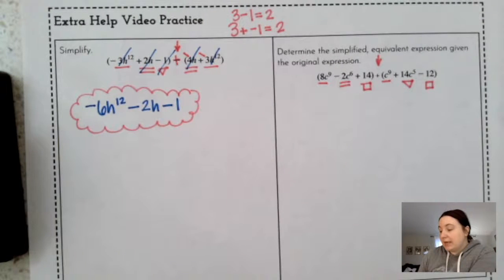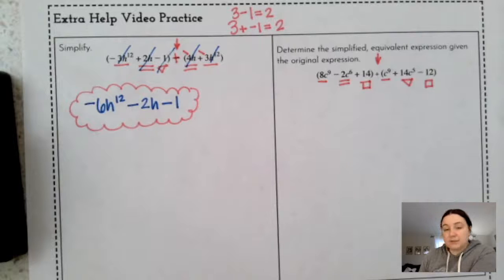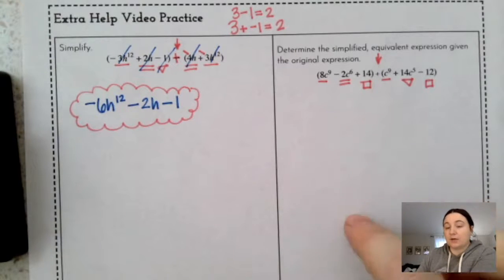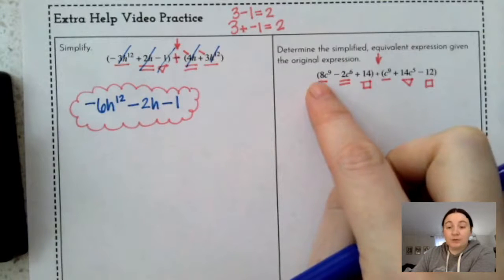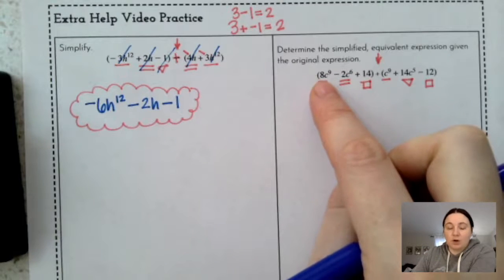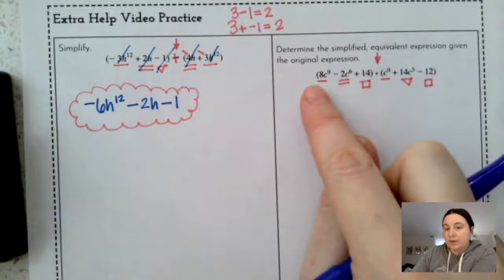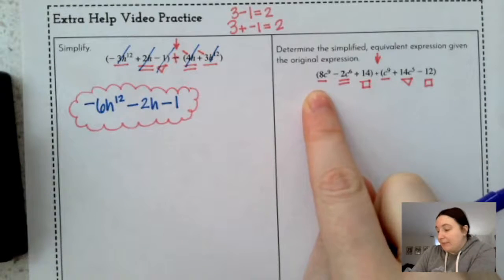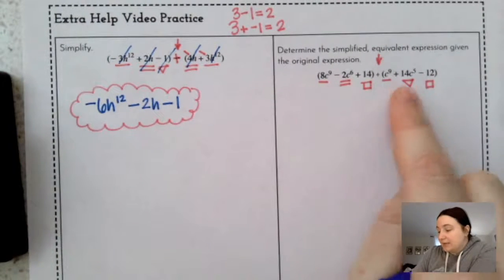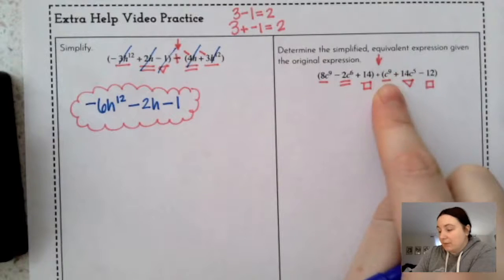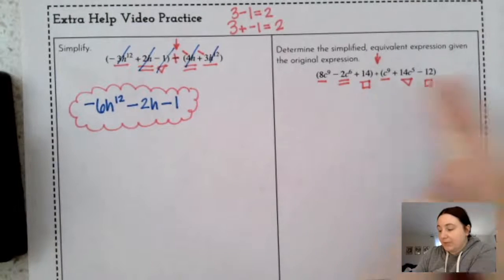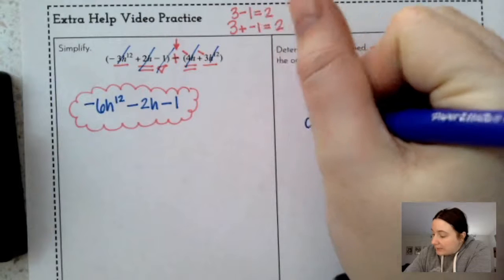This one I am going to purposely do out of order so I can show you what to do if they're accidentally out of order at the end. But if you wanted to do them in order to begin with, just go highest exponent to lowest. So I have 8c to the 9th plus 1c to the 9th. Remember, if there's nothing in front, it's a 1. 8 plus 1 is 9c to the 9th.